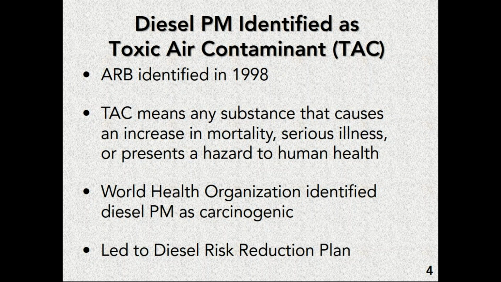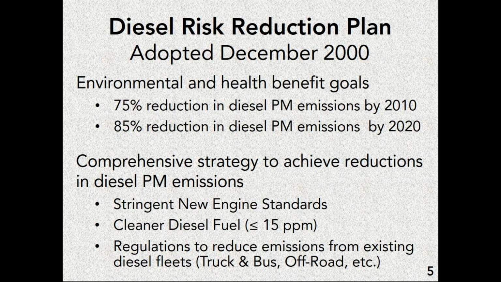Even the WHO identified diesel PM as carcinogenic, and this designation led to something called the risk reduction plan. Now, the risk reduction plan is something that the Air Resources Board adopts. It's a document that the Air Resources Board adopts after we have identified something as a toxic airborne contaminant.